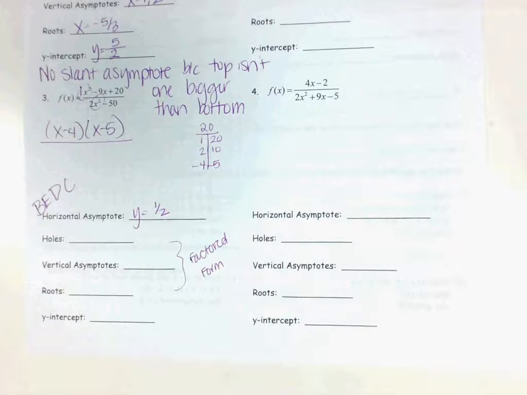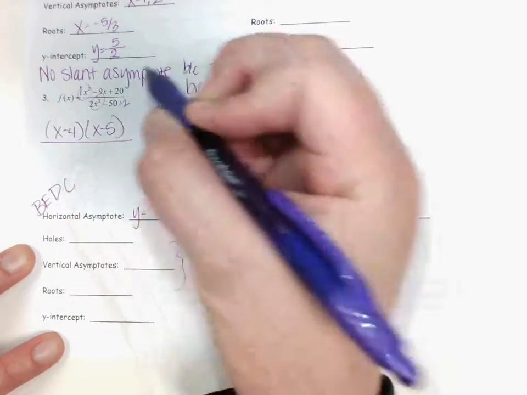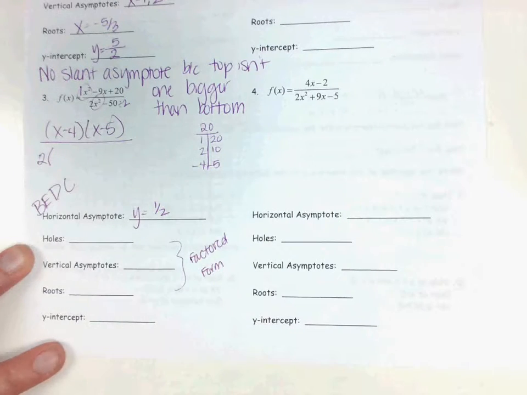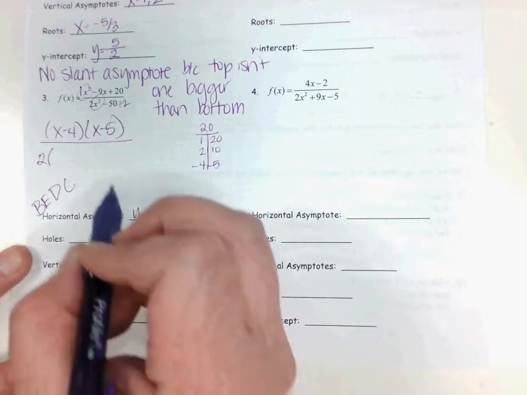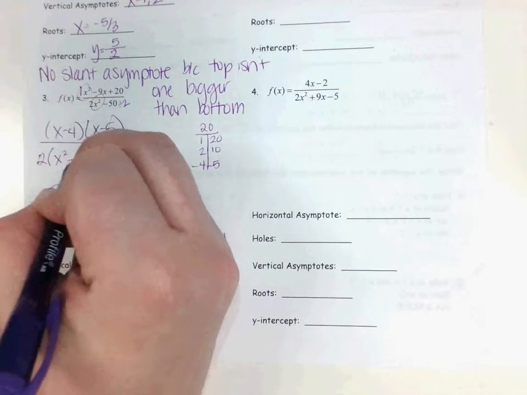Okay, on the bottom, what can I take out of 2x squared minus 50? Okay, GCF, divide by 2. And then you do plus or minus 5. So 2x squared divided by 2, that's going to leave me with just a regular x squared. And then 50 divided by 2 gives me a 25.